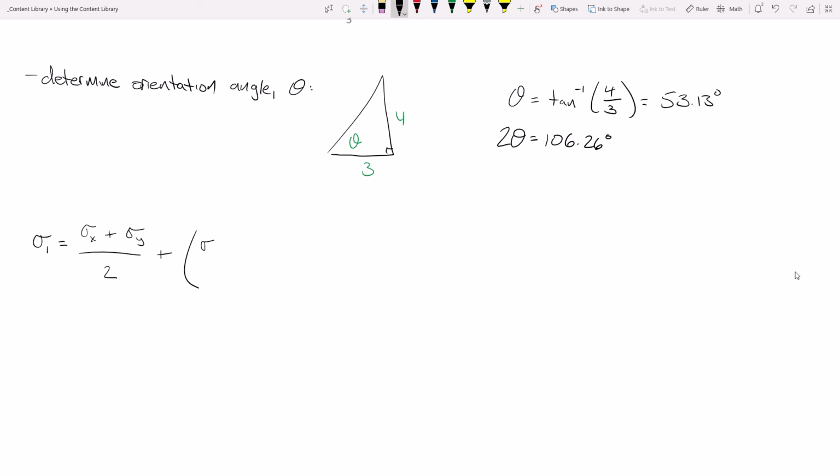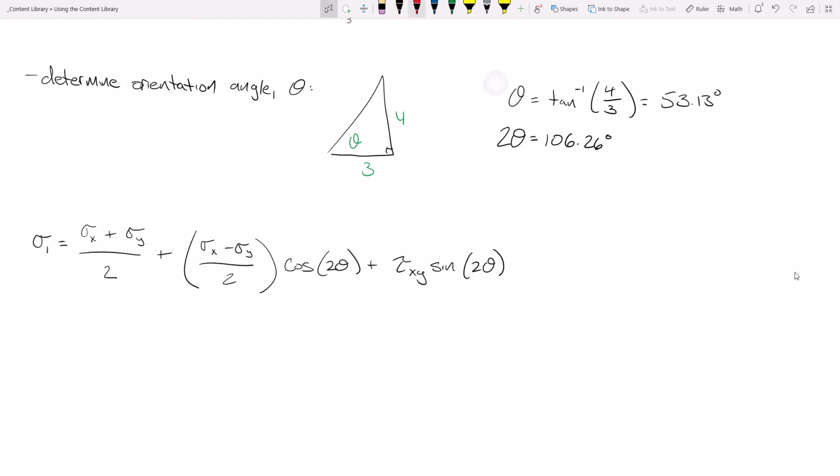Sigma 1 is sigma x minus sigma y over 2 cosine 2 theta plus tau xy sine 2 theta.